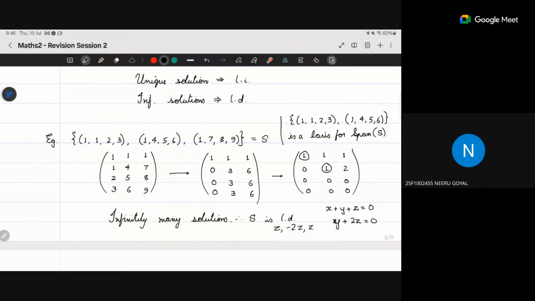So if we take z common, it will become 1, minus 2, 1. So can I say this is the null space? Yes, 1 minus 2, 1 is a basis for the null space. Just 1 minus 2, 1 or any non-zero multiple of that will also work.